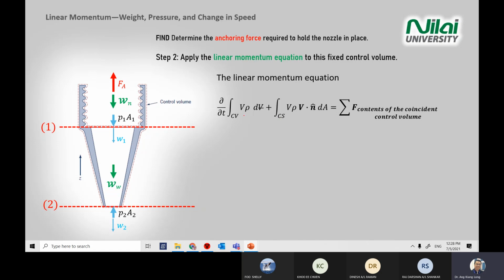Okay, now I want you to pay attention to the structure of the equation. It will be different from the first concept, which is the m dot. Don't mix up conservation of mass and linear momentum.